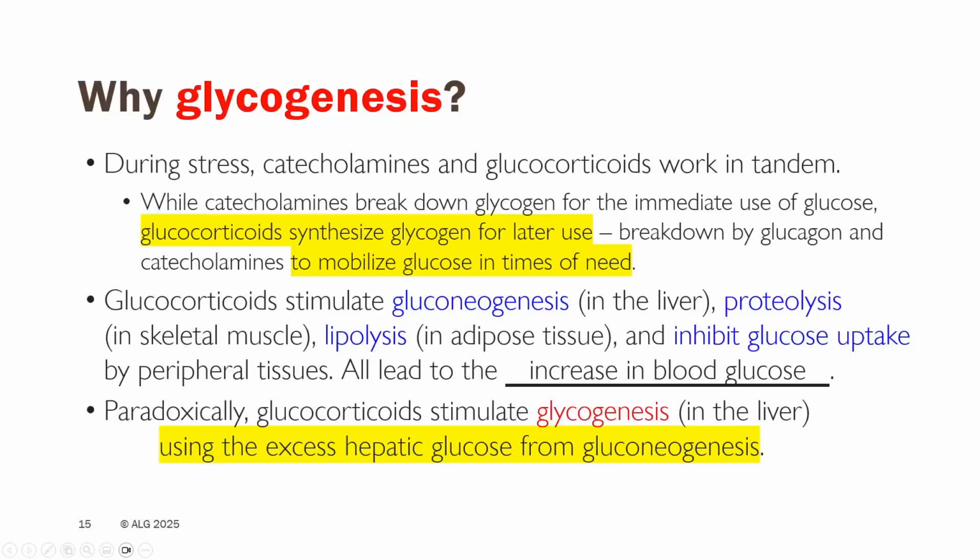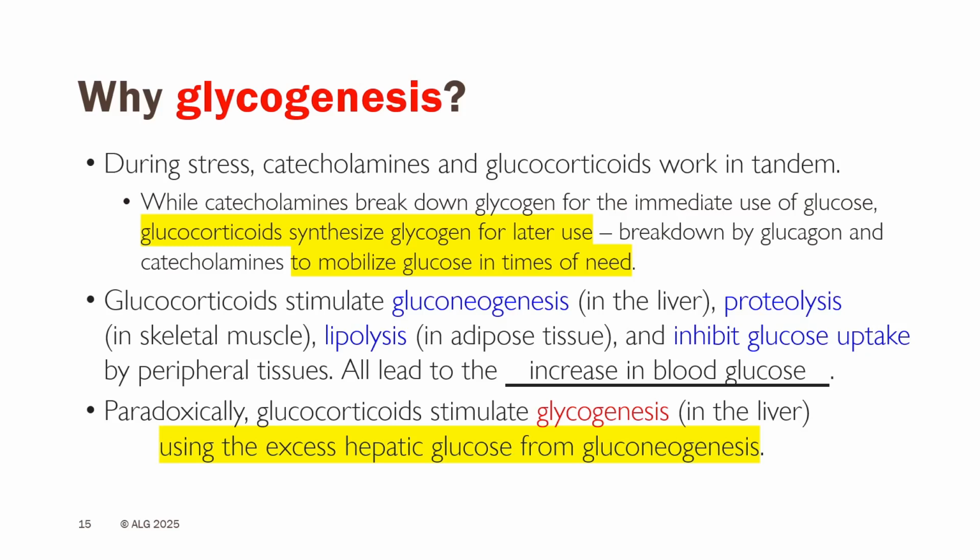In the previous slide, it was written that cortisol stimulates gluconeogenesis and glycogenesis. This might be confusing, so here is a slide to answer the question. Gluconeogenesis, proteolysis, lipolysis, and inhibition of peripheral glucose uptake all contribute to the maintenance of an adequate glucose supply to the brain.